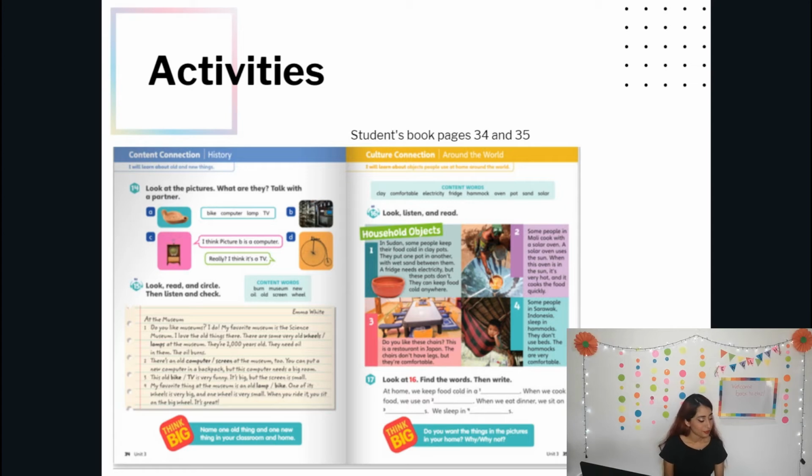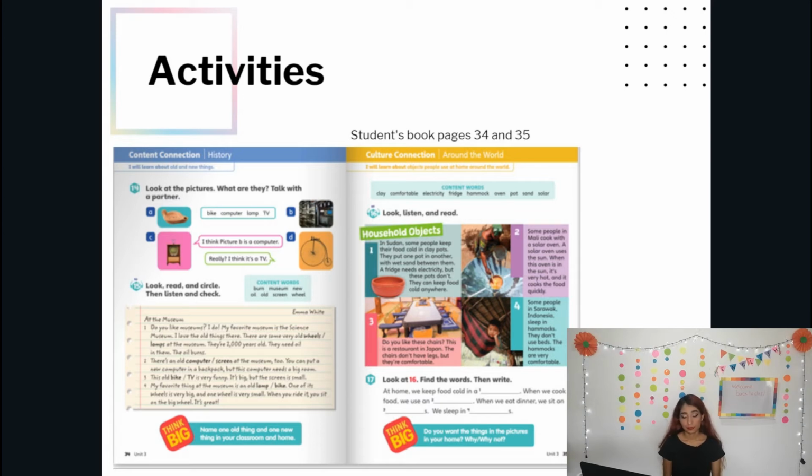At the museum, Emma White. Do you like museums? I do. My favorite museum is the Science Museum. I love the old things there. There are some very old lamps at the museum. They're 2,000 years old. They need oil in them. The oil burns. There's an old computer at the museum, too.